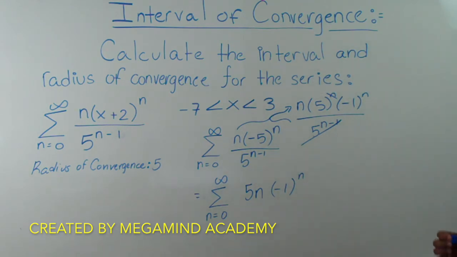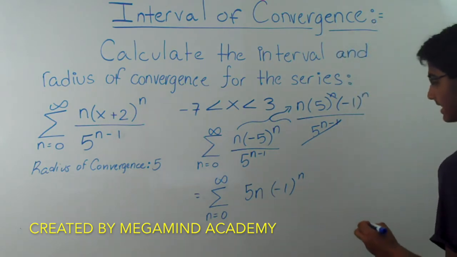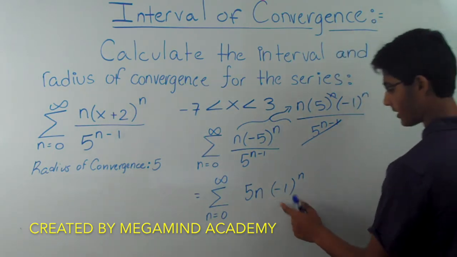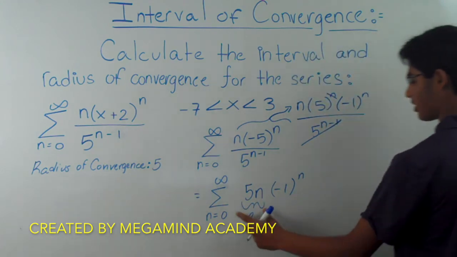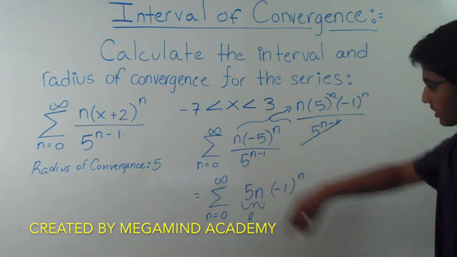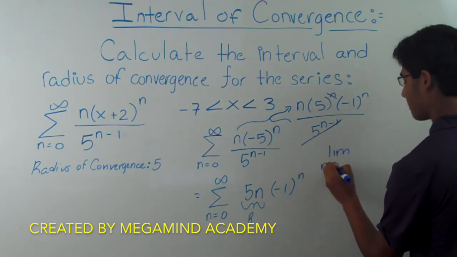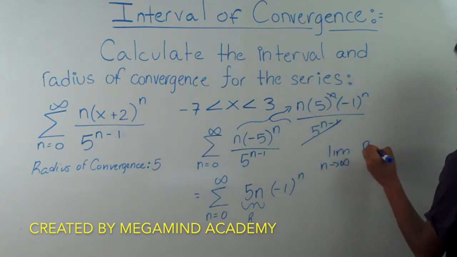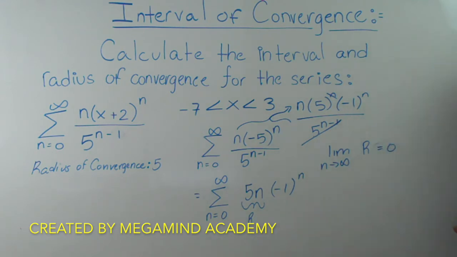So, if it's an alternating series, we can use the alternating series test to figure out whether this is convergent or divergent. The alternating series test says that we have this alternating part over here, and then we have this r, which is just naming the a sub k part, or the actual series, and if the limit as n approaches infinity of r is equal to 0, then that means that it is convergent.